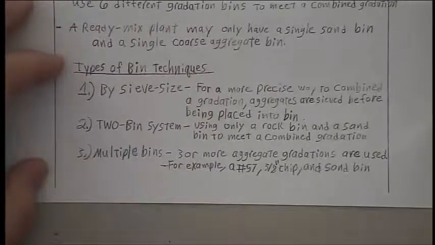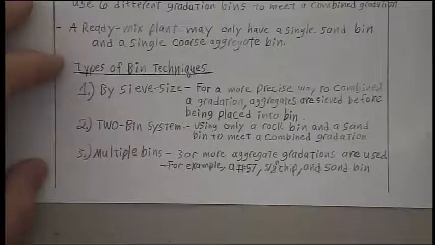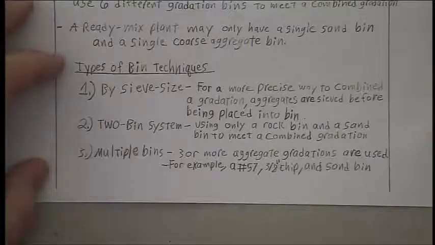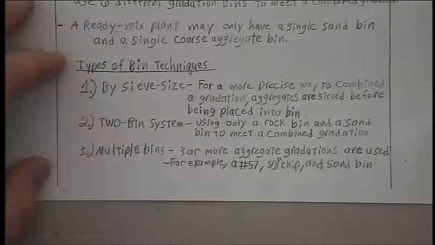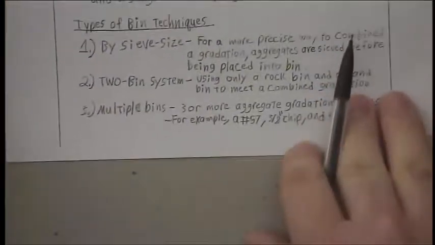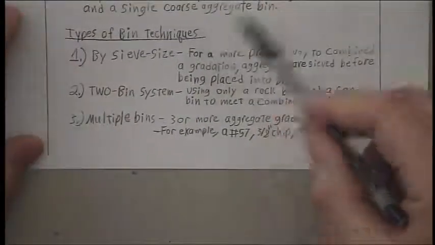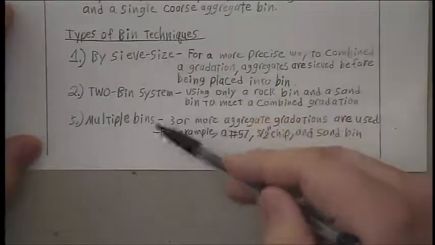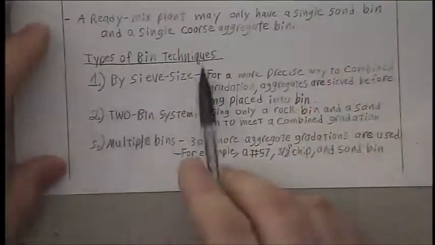However, like asphalt, they'll use 6, they may use 5, 6, 8 bins sometimes to meet a certain gradation, because their gradation specs are very, very precise depending on what you're looking at. There are kind of 3 different types of techniques when you're looking at bins.